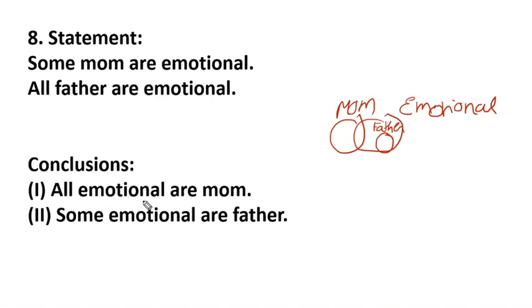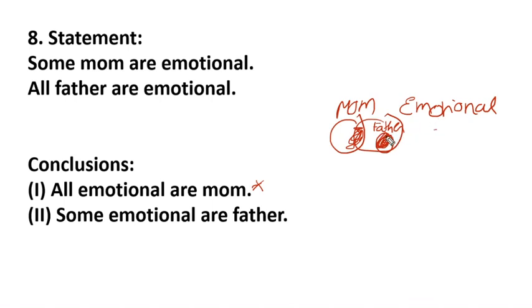Now look at the first conclusion. All emotional are mom. The relation between emotional and mom is some, but here he has given all, so this conclusion is definitely false. Similarly, some emotional are father. All father are emotional means the fathers are emotional also, so some father are emotional.